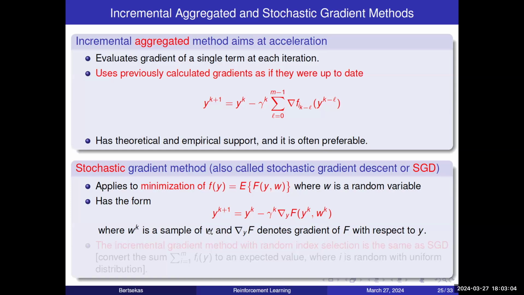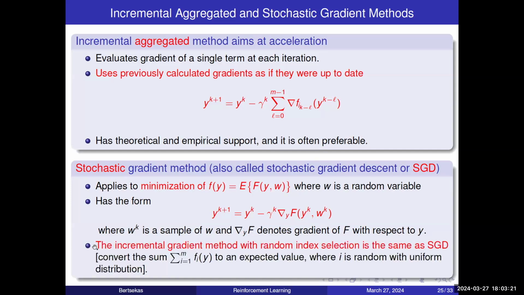So wk is a sample of the random variable, and the gradient of F with respect to y is denoted by this symbol. The incremental gradient method with random index selection is the same as SGD.